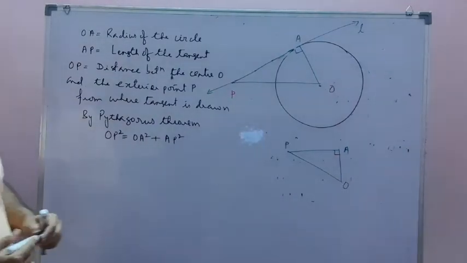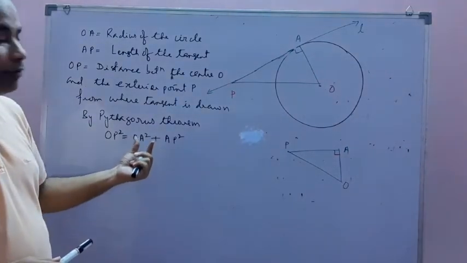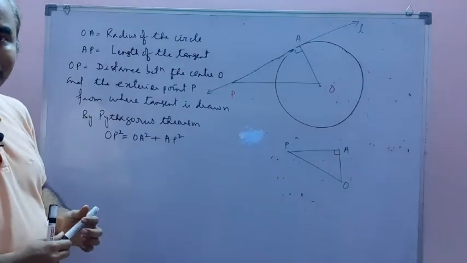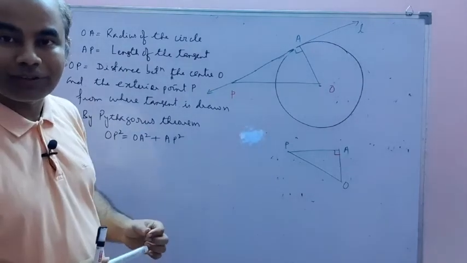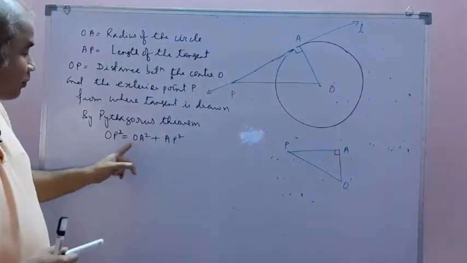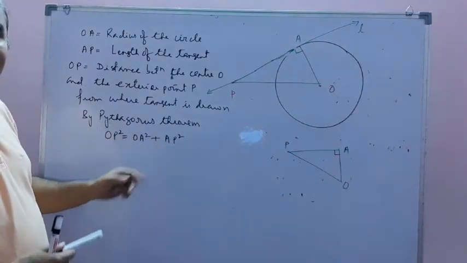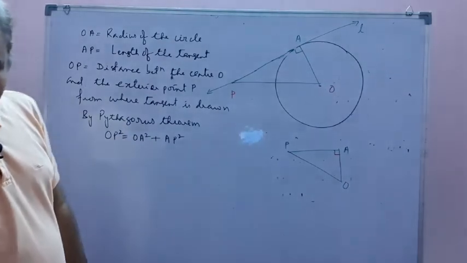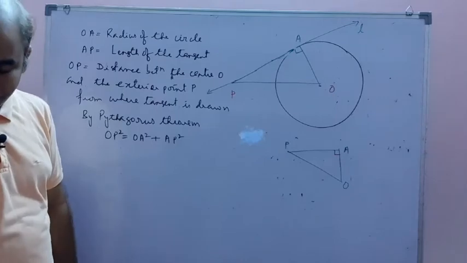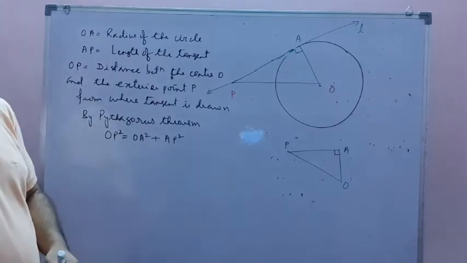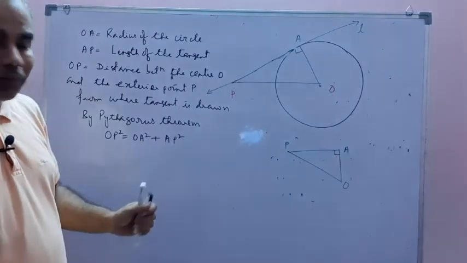Now, with the help of this, you may solve some numerical problems. What type of numerical problem can you solve? If any two sides of this right triangle are given, you can find out the third side. That type of numerical problems you can solve from this.